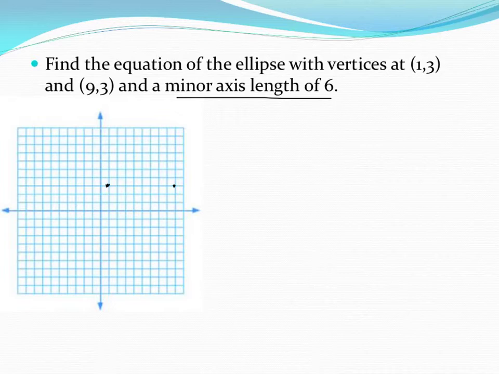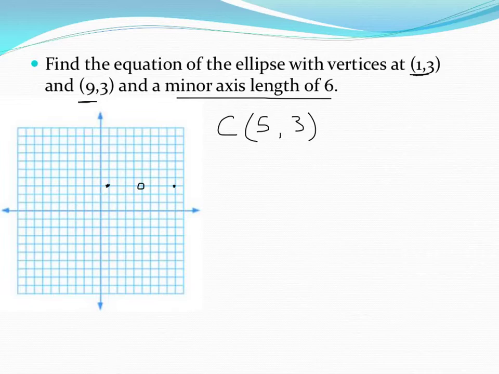With vertices at 1, 3 and 9, 3, the major axis has a length of 8 going across. That means the center is going to be 4 units from each of those points, smack in the middle. That means our center is going to be at the point 5, 3. Same vertical distance from the x-axis, but halfway between x equals 1 and x equals 9.